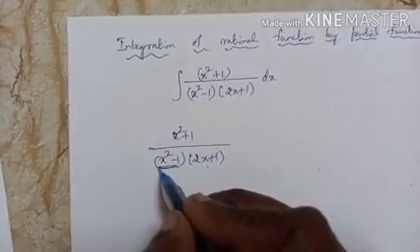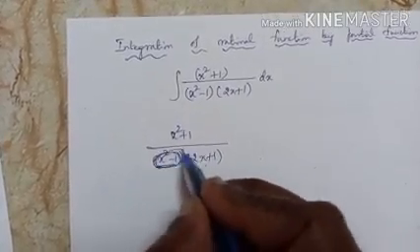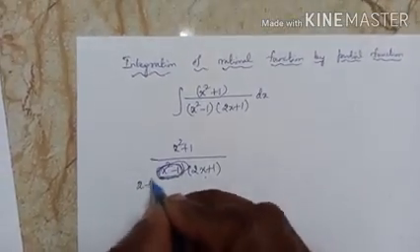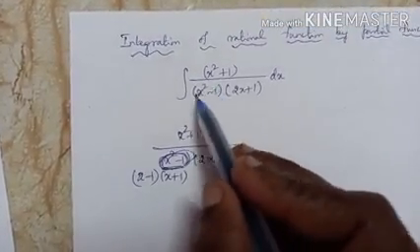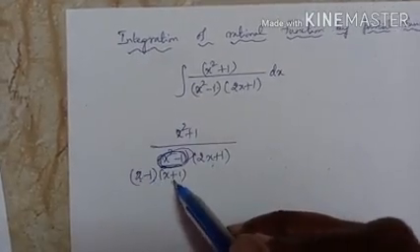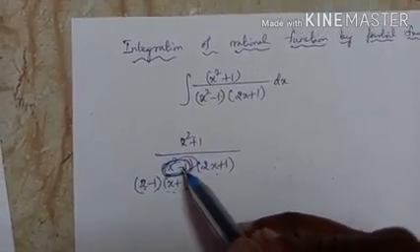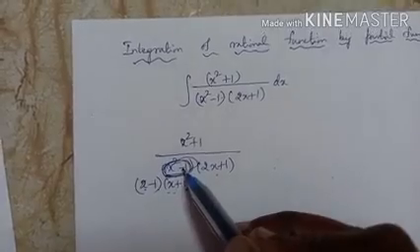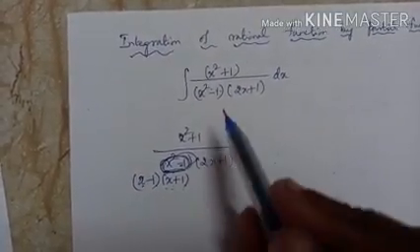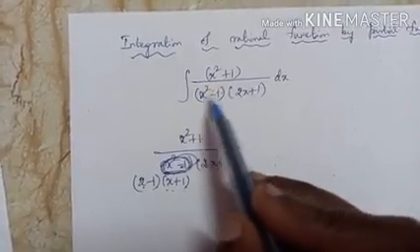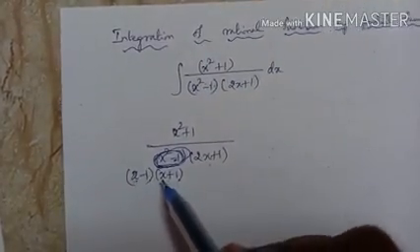But sometimes this can be factorized, right? x square minus 1 is x minus 1 into x plus 1, using a square minus b square, which is a minus b into a plus b. Instead of considering it as a quadratic factor, it can be considered as linear factors because we can use the a square minus b square formula.